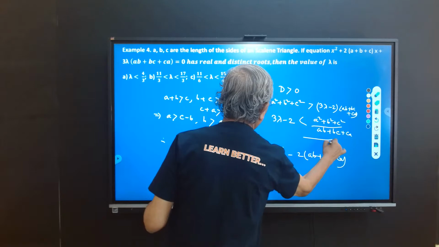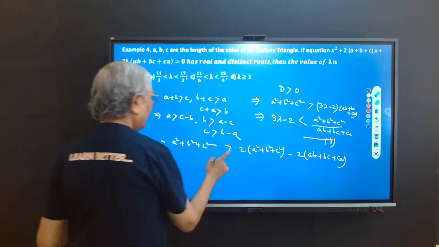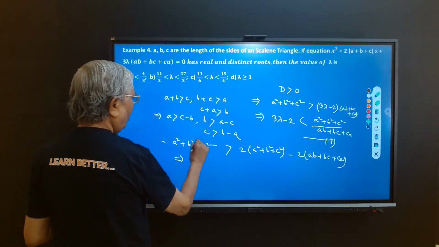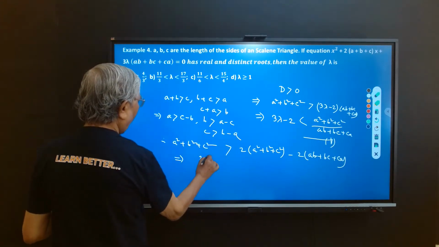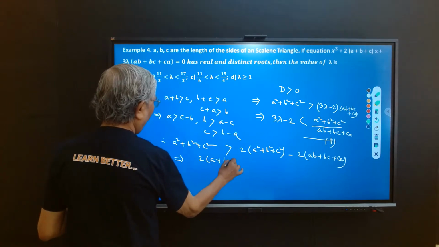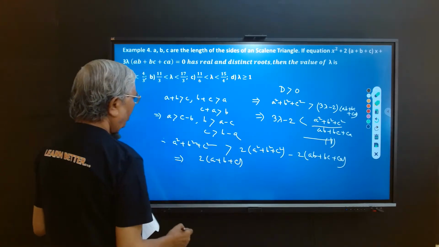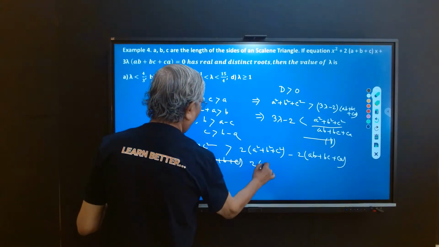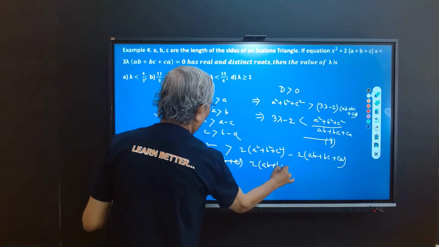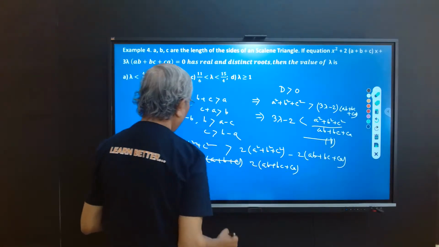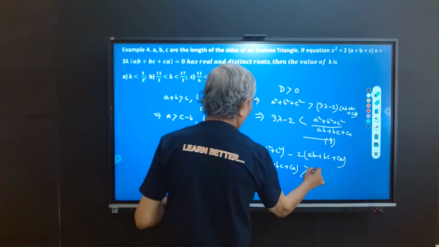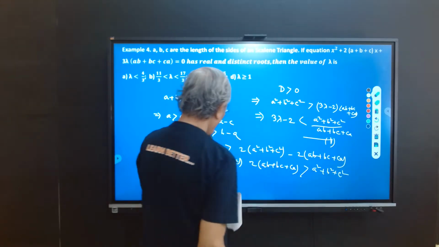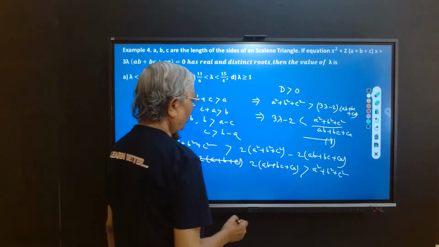First relation we got as equation number 1, and from this relation we will get another relation. This will imply 2 into ab plus bc plus ca is greater than a square plus b square plus c square. This is our relation number 2.